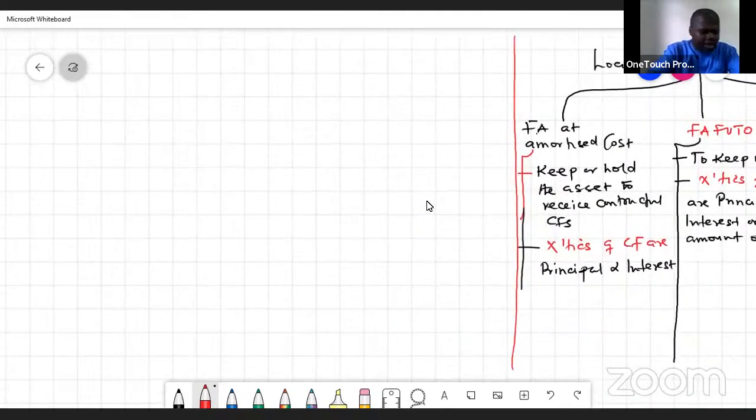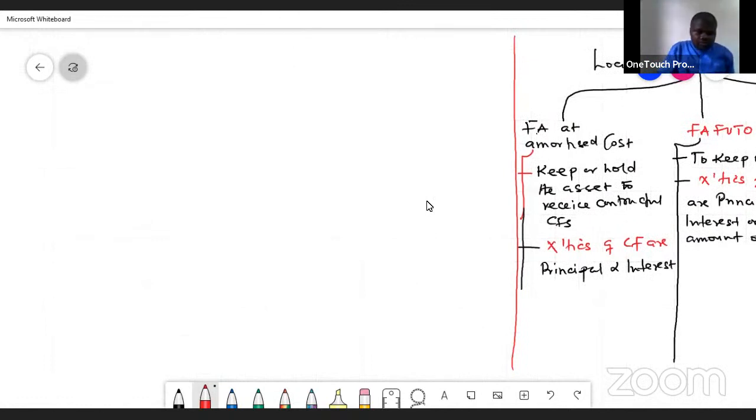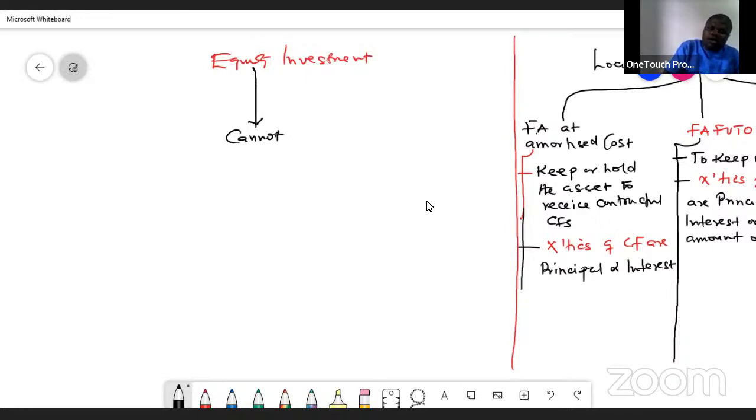Then when it comes to equity investments, equity investment cannot be measured at amortized cost. Why?